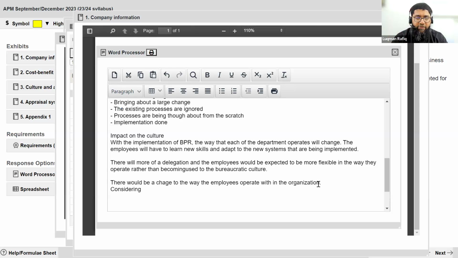Considering that the employees have been with the company for long, it will be a challenging task to implement these changes, as this is a major shift to how the employees have operated within this company till now.